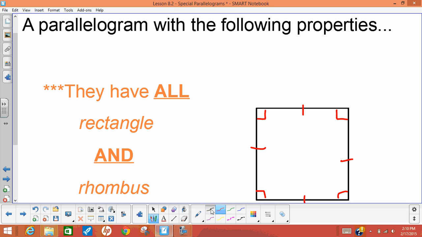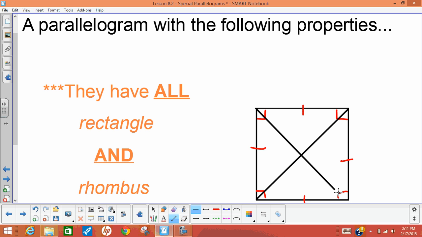So what we end up with here, if I draw my diagonals in, all four of those are the same. I end up with, again, four isosceles triangles. Each of these angles are 45 degrees.